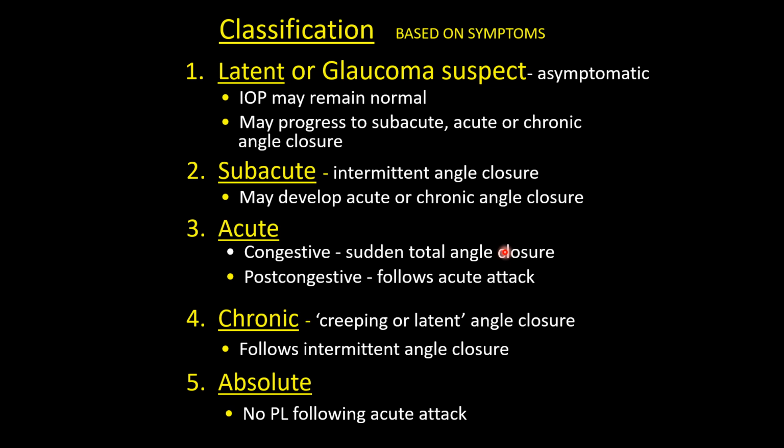Otherwise, there is very severe pain. Then chronic means from intermittent angle closure glaucoma, it can go straight into chronic angle closure glaucoma. And absolute glaucoma is a term used when the vision in the eye is totally lost, the eye is hopeless, we call it absolute glaucoma.